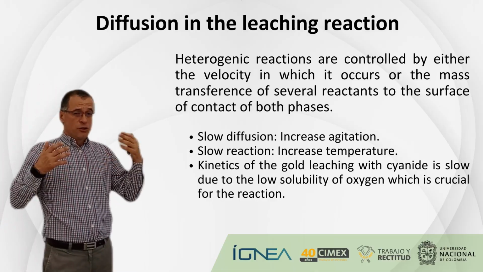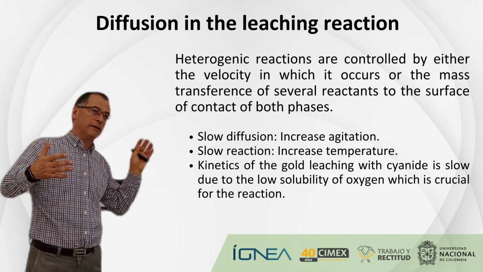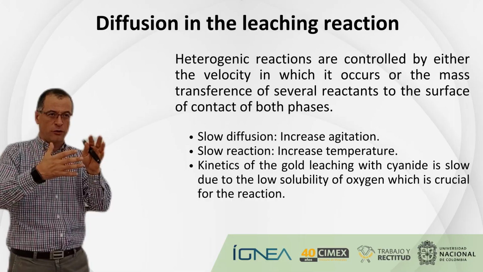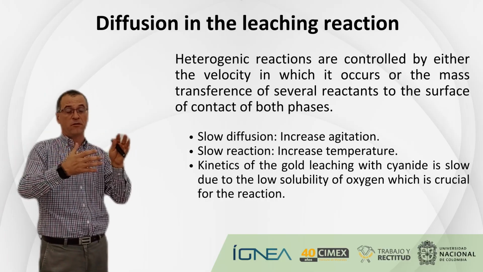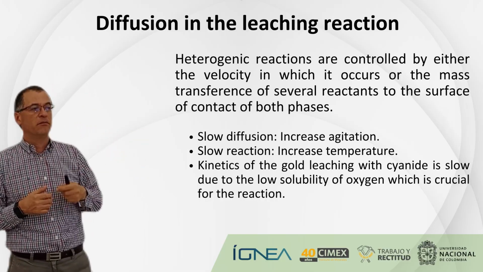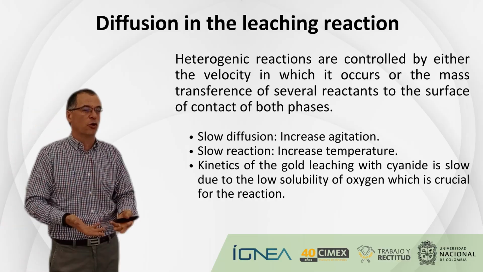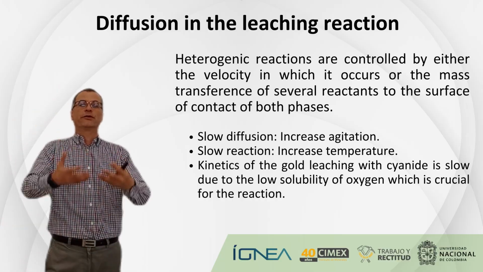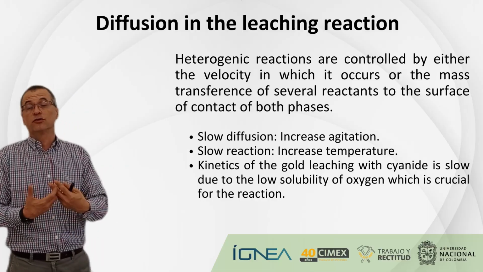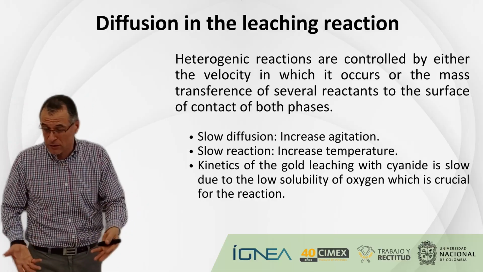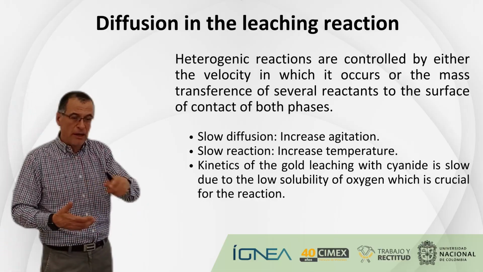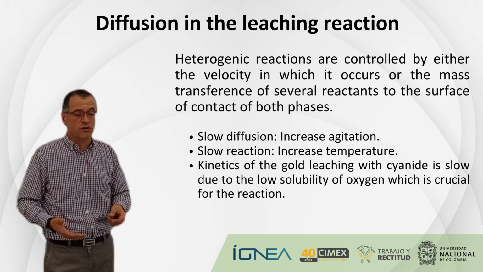Okay, you could control the diffusion aspect, the diffusion controls, with agitation, maybe. And maybe you control the reactions, maybe you increase the reactions, or you control the kinetic topics of the reaction. Maybe increasing the agitation, that could be possible.